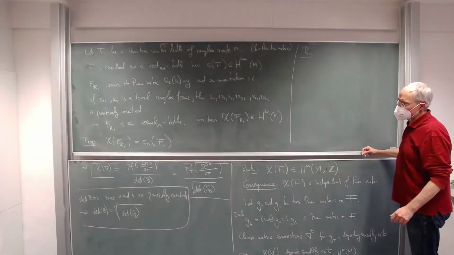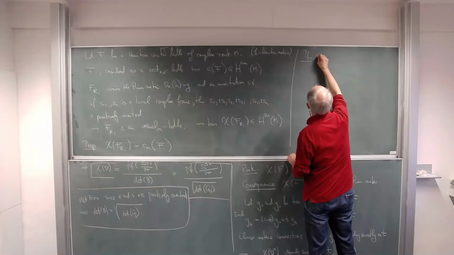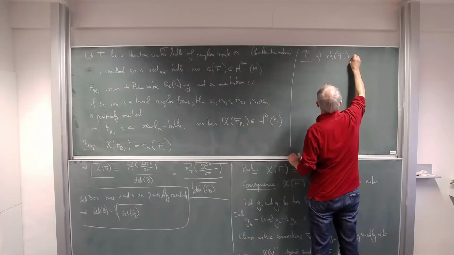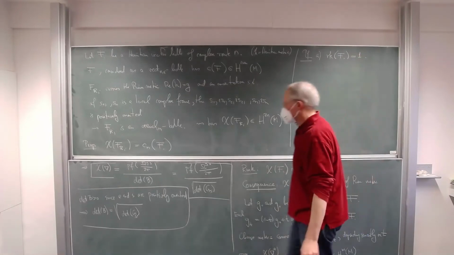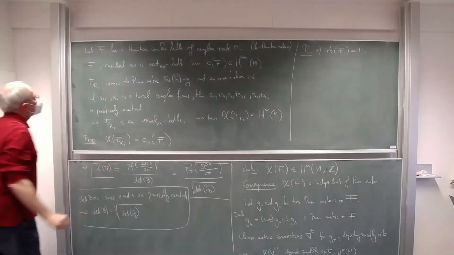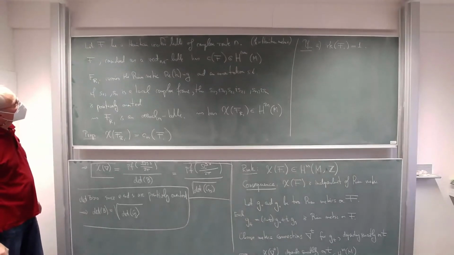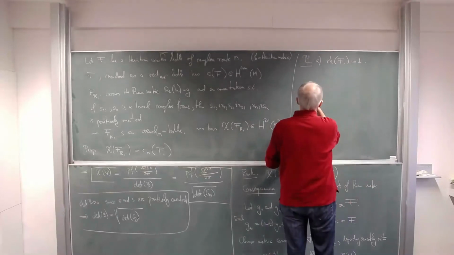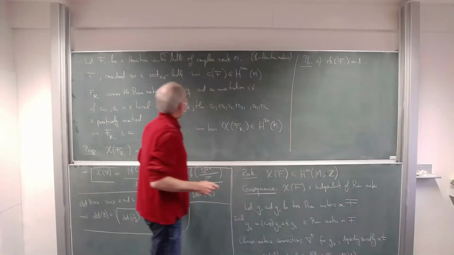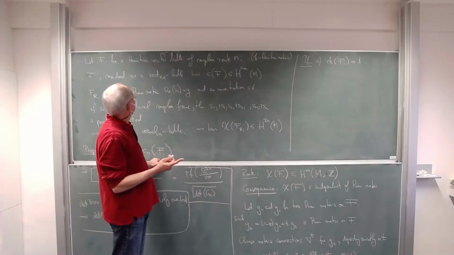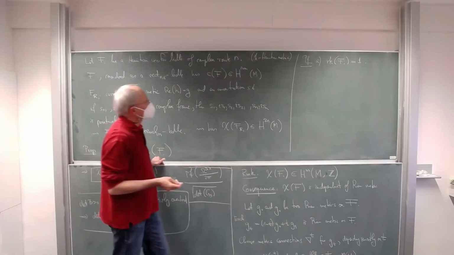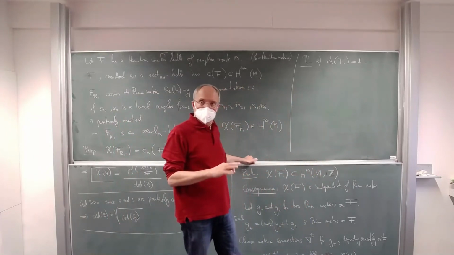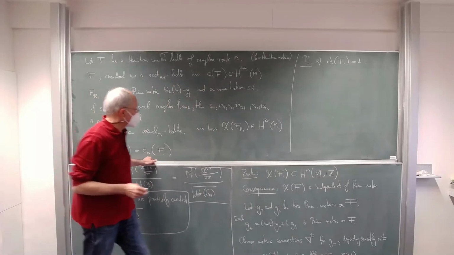Let's do it first in case that F has rank 1. It's a line bundle. If it's a line bundle, then it's a Hermitian line bundle, and well, let's take a metric connection on it to compute the Chern class. We could take any connection to compute the Chern class, but we can also restrict ourselves to a metric connection.